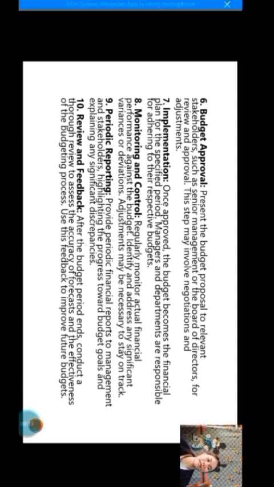So, number 9 is periodic reporting. In periodic reporting, you need to provide a periodic financial report to management and stakeholders, highlighting the progress toward budget goals and explaining any significant discrepancies.